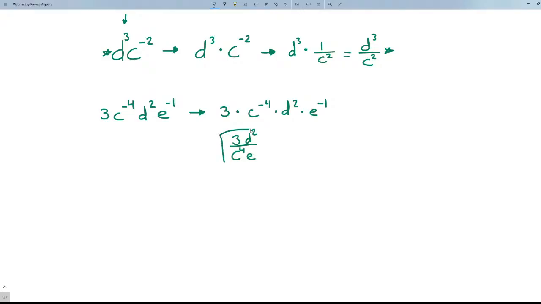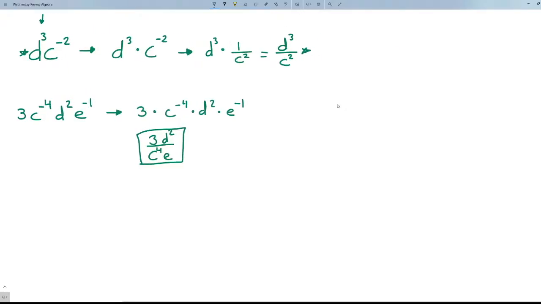Now, this is the simplified version, and I did that really quickly without breaking it down because I skipped the intermediate step. If you want to see a breakdown of how that occurred, let's look a little bit over here to the right. So looking at each individual term, I still have 3 times 1 over c to the 4th times d squared times 1 over e.